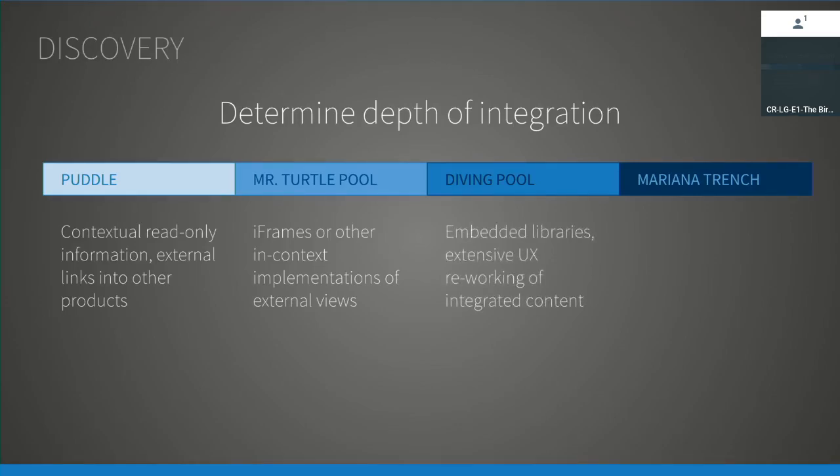Diving pool. This is where you start getting into, and most of the examples we have to show today are more in this neck of the woods, where you have an external backend product or even an external UI that you want to develop a UI for and plug into Spinnaker.